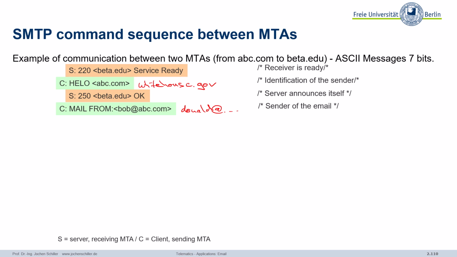Again, the server checks, okay, it looks like a valid email address, I can handle this email address. If you say you're the sender, that's fine, I trust you. So it's 7-bit, it's ASCII, no verification. So this was in former times the easiest way of faking emails. Remember, 7-bit, no checking, nothing.